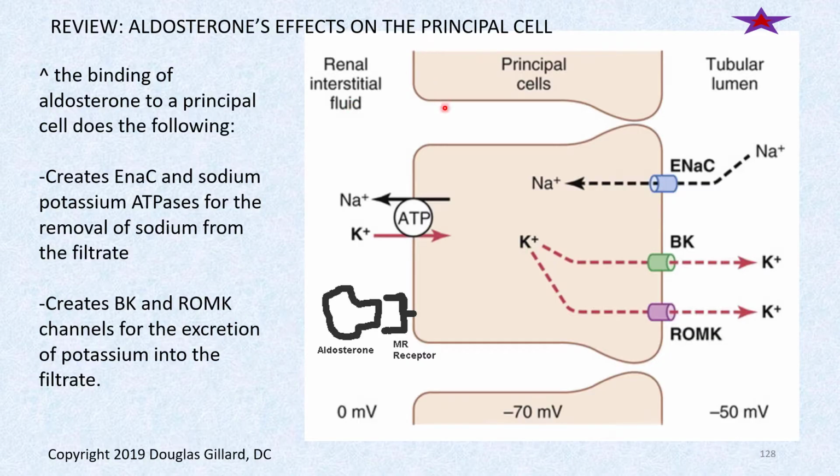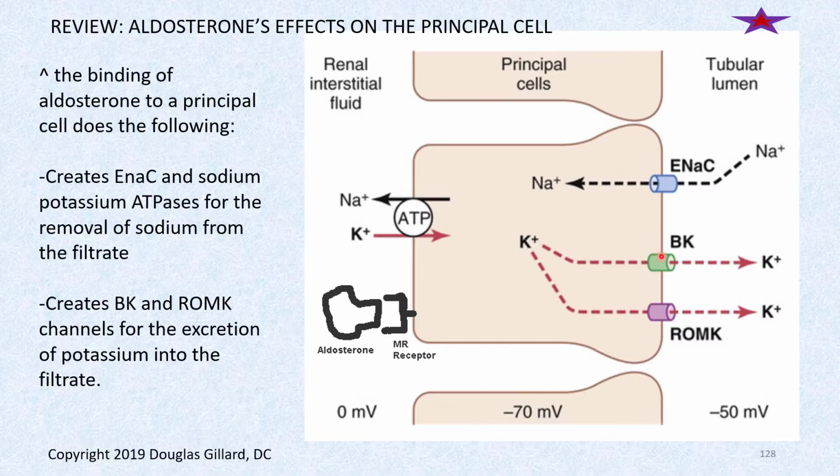Let's take a look at the picture. So the binding of aldosterone, there's our aldosterone binding to an MR receptor, in addition to all that other stuff we talked about. It creates the formation of ROMK channels and BK channels.